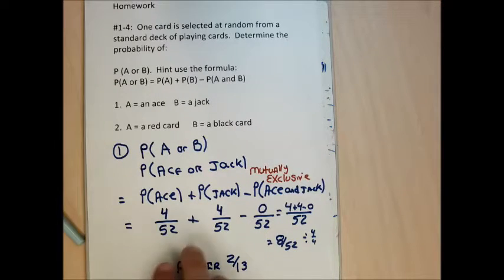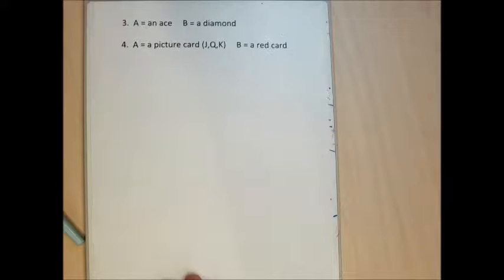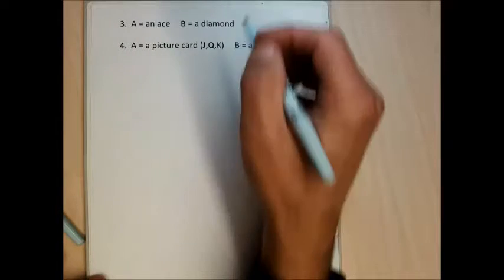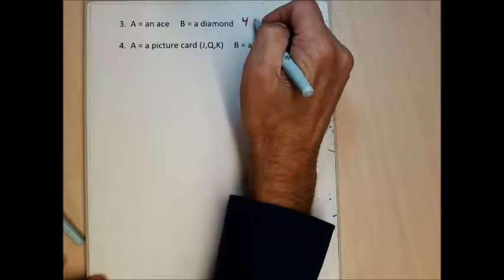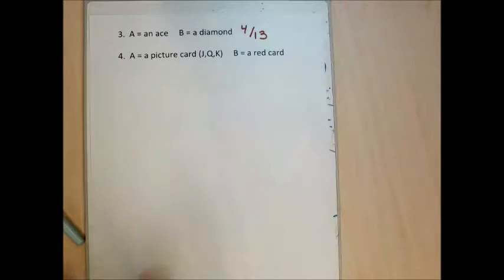Let me flash up problem 3 and 4, and your problem 3 is going to be much like my problem that I did with the queen and the diamond. So give problem 3 a go. If you do 3 correctly and you reduce it correctly, your fraction answer should be 4 over 13. I'm going to do problem 4, which is asking for a picture card or a red card.